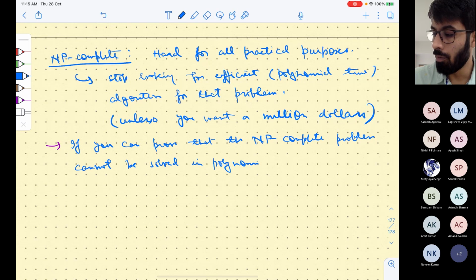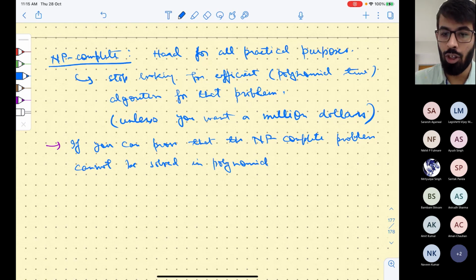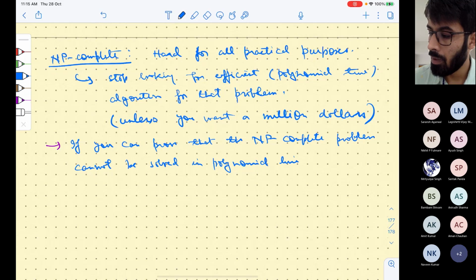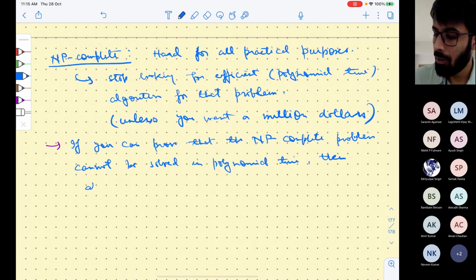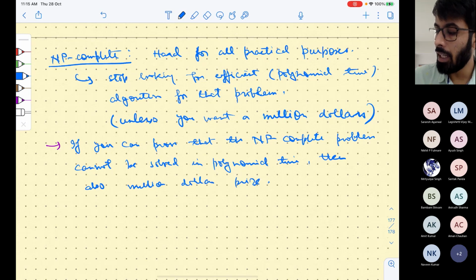We don't know either, and of course, one way or the other, it has to go. This is succinctly called the P versus NP problem.